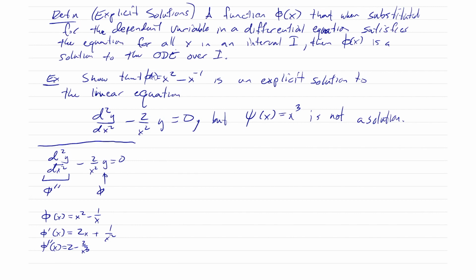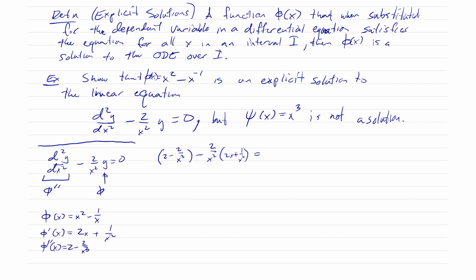So plugging it in, we have the second derivative, minus 2 over x squared times the original function is equal to 0. And so now I'm going to have 2 minus 2 over x cubed, and now I'm going to have 2x plus 1 over x squared. And I don't know this is equal to 0 yet, so I'm just going to take that off, and now I'm going to try to see that it actually turns into what we want it to.